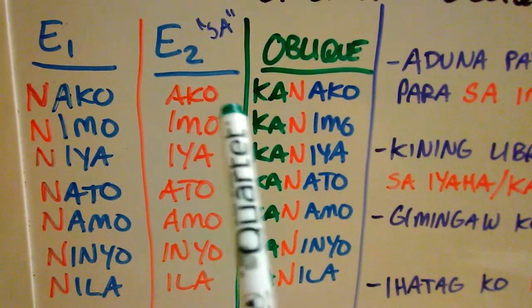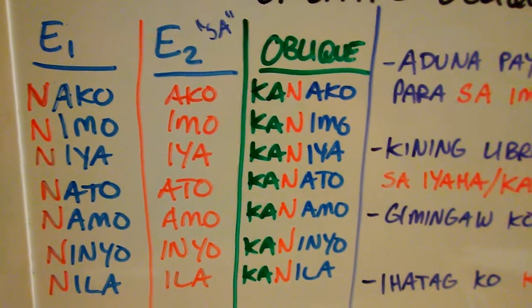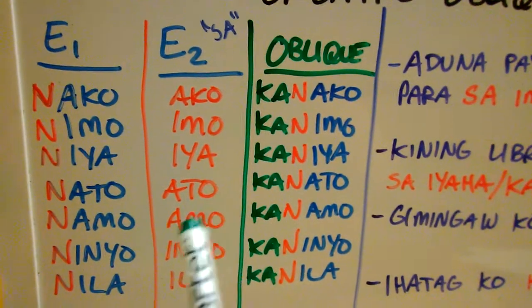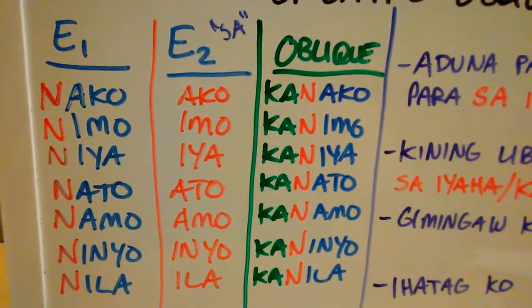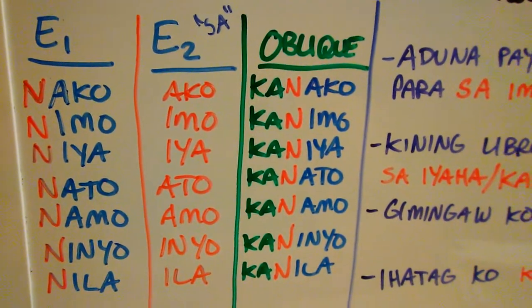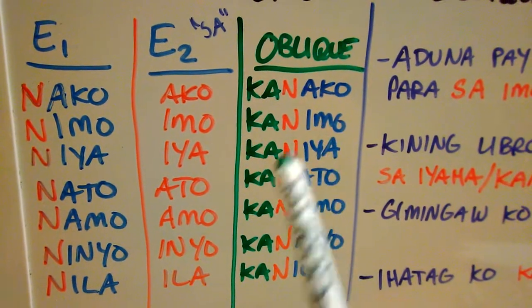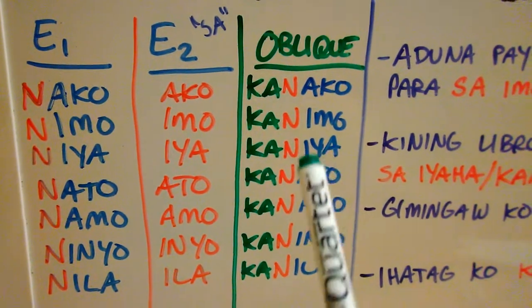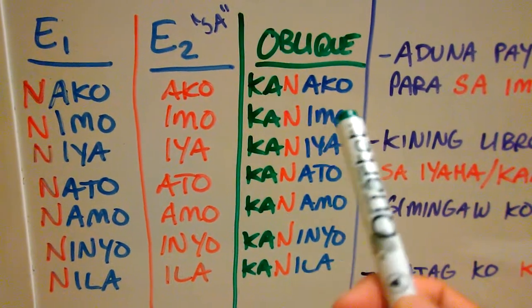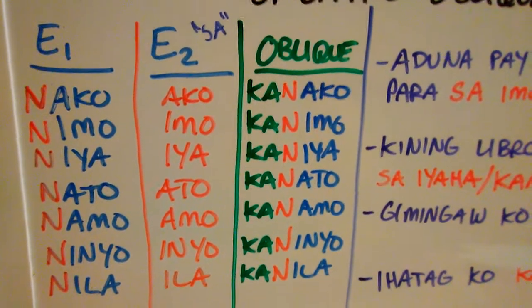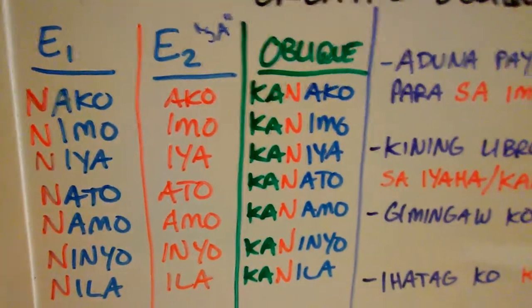And to get the ergative prefix, you just remove the n, and we get ako, imo, iya, ato, amo, inyo, ila. And then the oblique is a combination of the ka plus everything. You'll see it in the colors. The colors will tell you. So it's the ka plus the nako, nimo, and I think that's just embedded in a relationship for all of those.